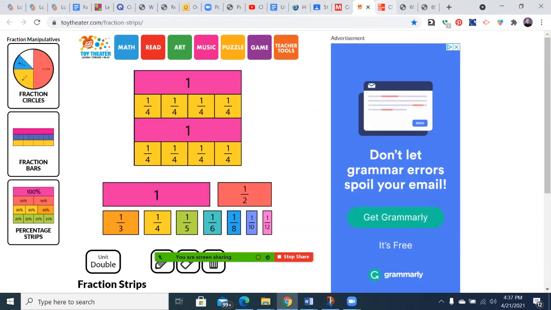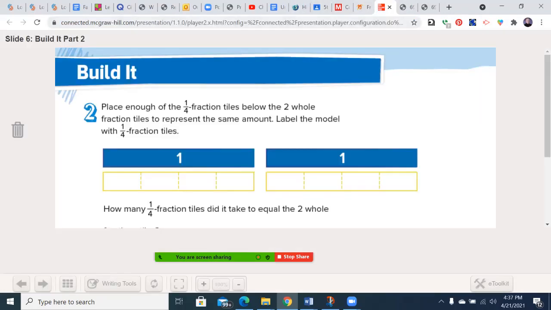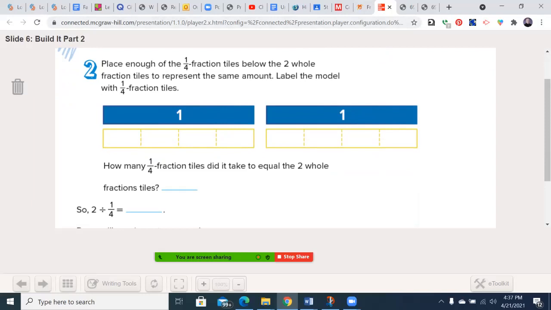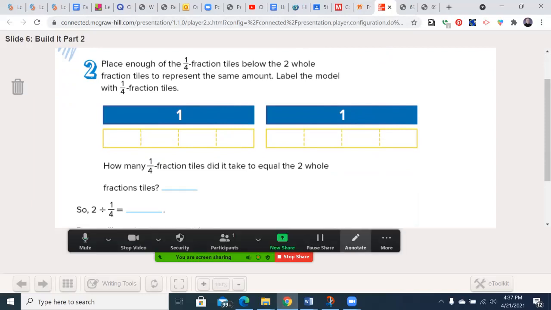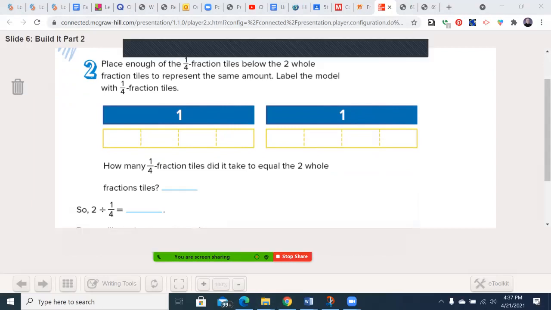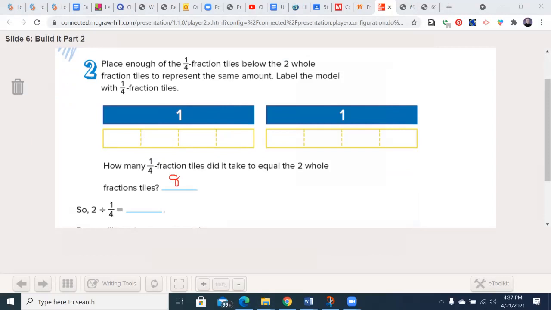So that's good to know. And you'll notice that we have 1, 2, 3, 4, 5, 6, 7, 8 there as well. And I see where I'm going to have to write it in: how many fraction tiles. Let's get a different color. 8. So 2 divided by a quarter is 8.